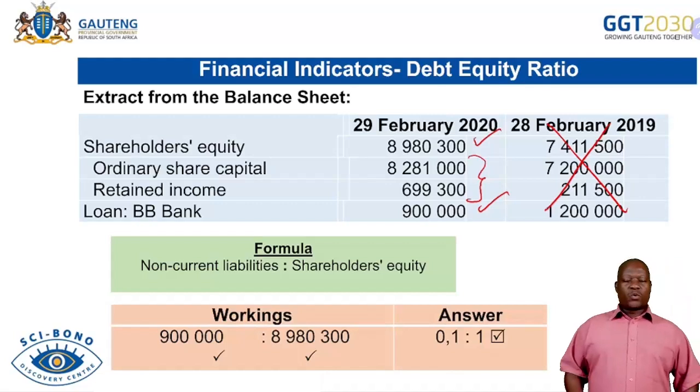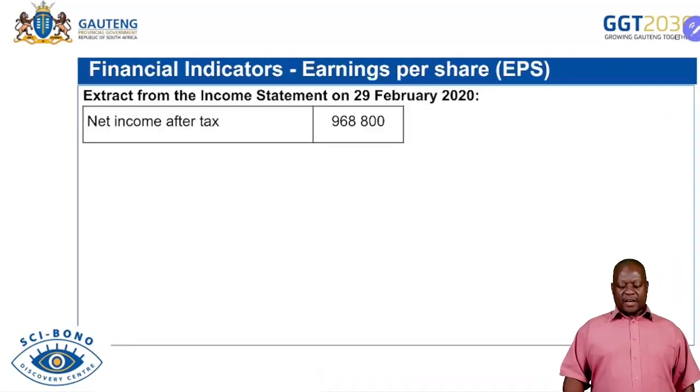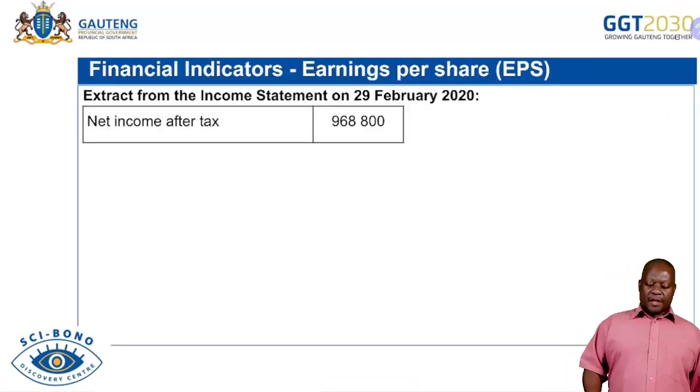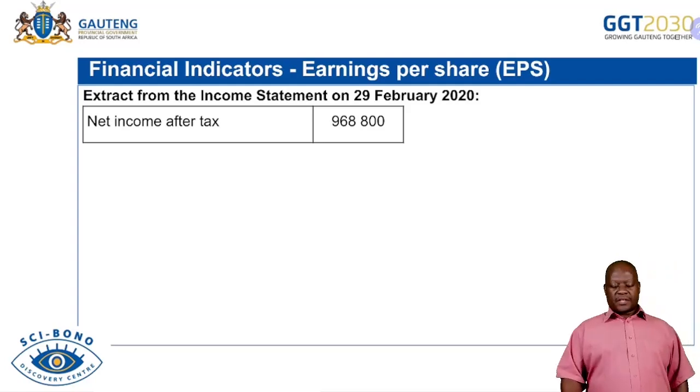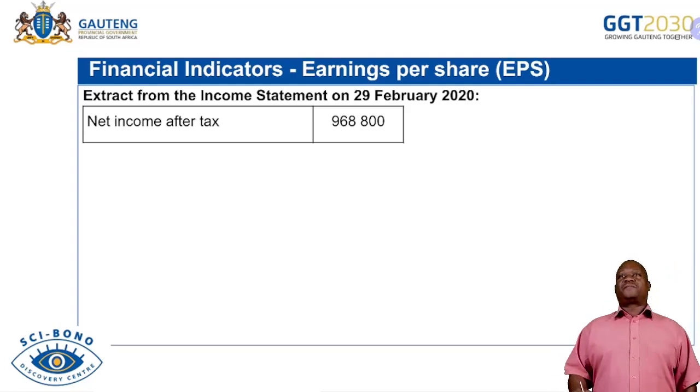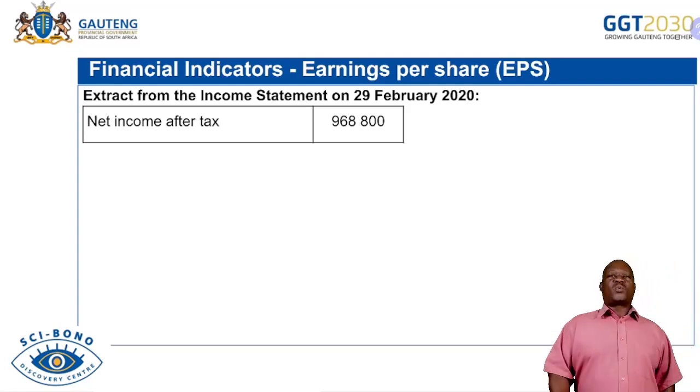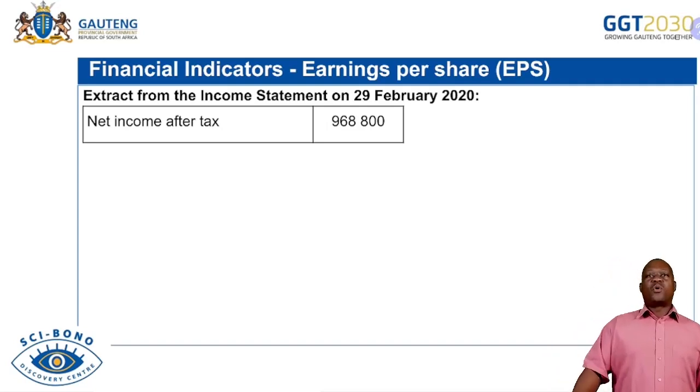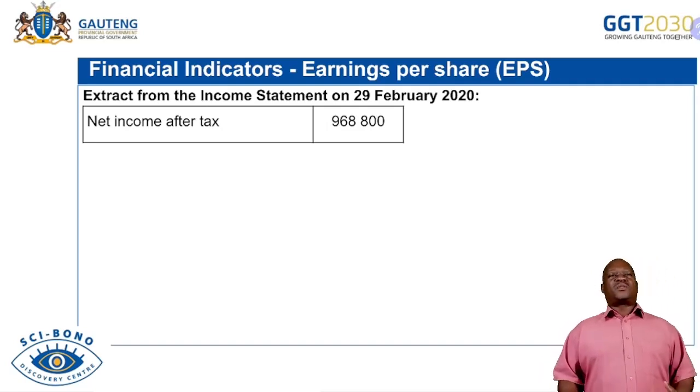We are going to look into the next financial indicator as required by our question. It says we are supposed to calculate earnings per share. Now, when it comes to this one, we need more than just one financial statement from which we get our information.